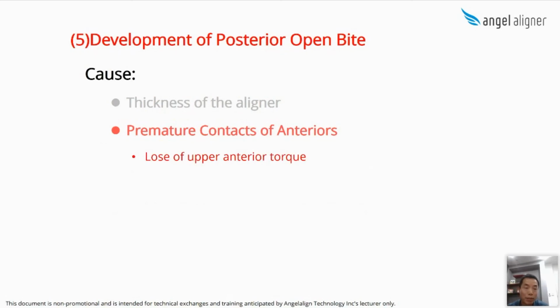For the first, the loss of upper anterior torque. How to deal with this problem? As we know, orthodontics, whether with fixed appliances or aligners, tends to tip teeth.